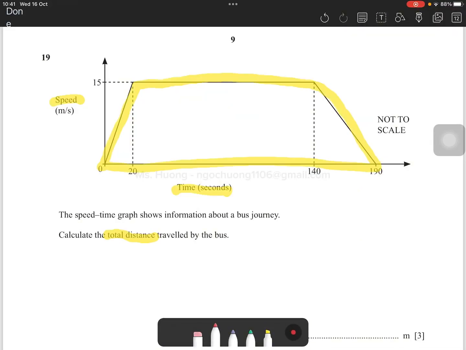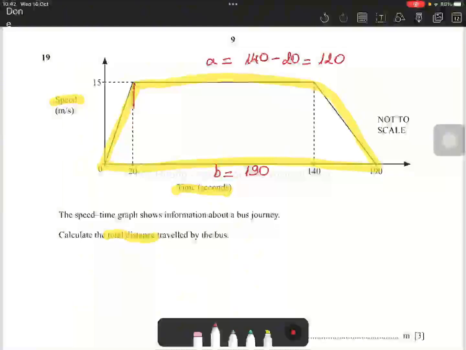In this trapezium, a is equal to 140 minus 20 equals 120, and b is equal to 190, and the height is here, which is 15.